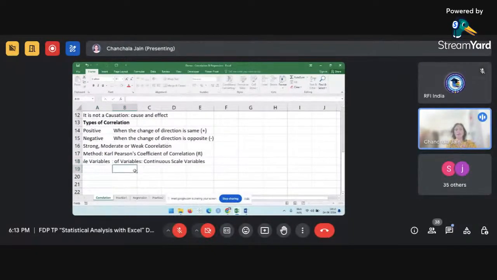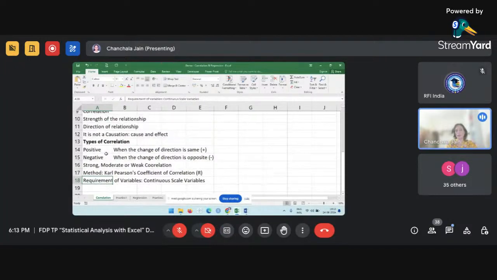So if you have a numeric variable that is continuous in nature, in that case you can apply Karl Pearson's coefficient of correlation. I hope till here I'm clear to everyone.